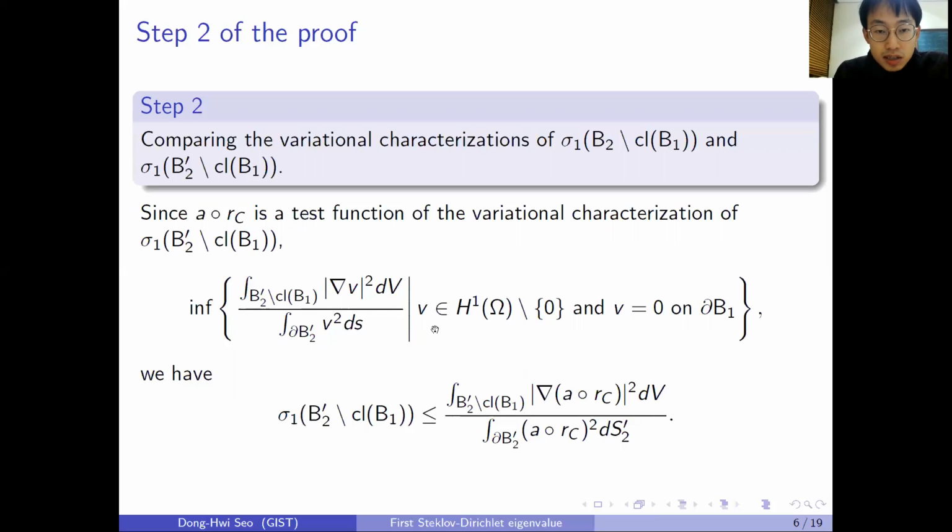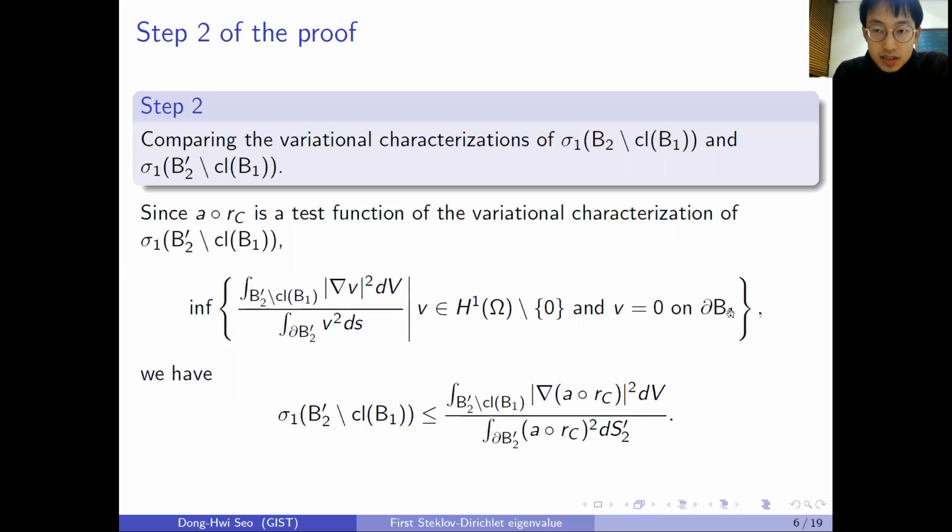We note the conditions of the test functions. Here, the test function satisfies 0 value on boundary B1, and our first eigenfunction in the annulus also satisfies the vanishing condition on the inner boundary.